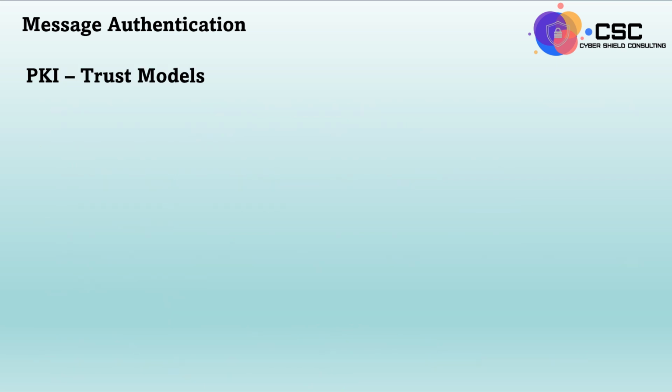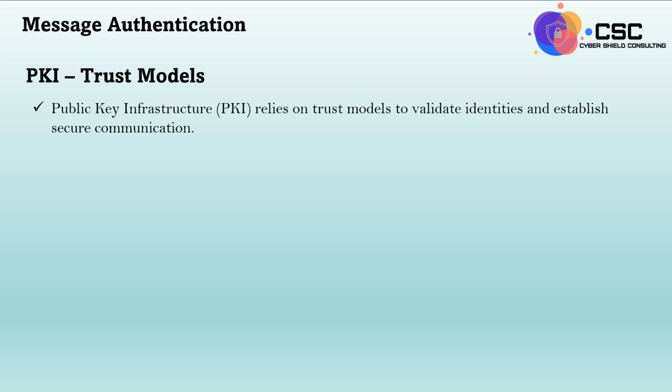Public key infrastructure is a crucial component of cybersecurity, ensuring secure digital communication, as we illustrated multiple times in this video. But how do we establish trust in this system? That's where trust models come in. Trust models define how certificate authorities validate identities and create secure communications.